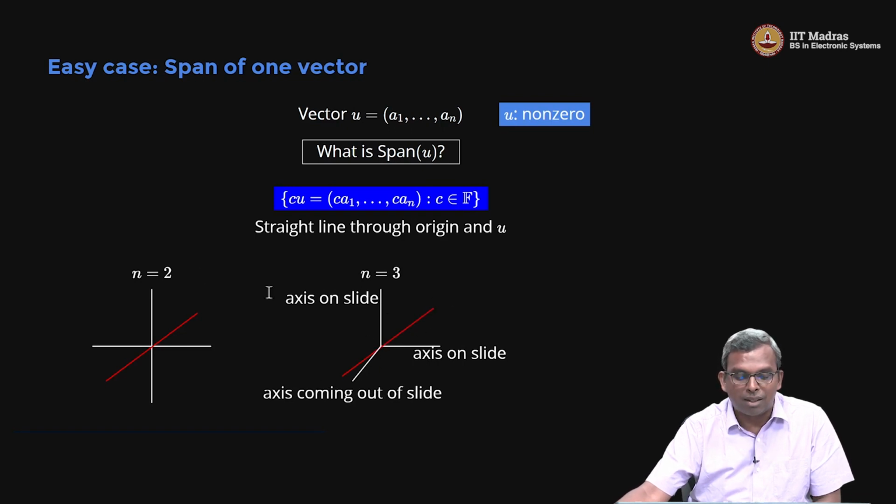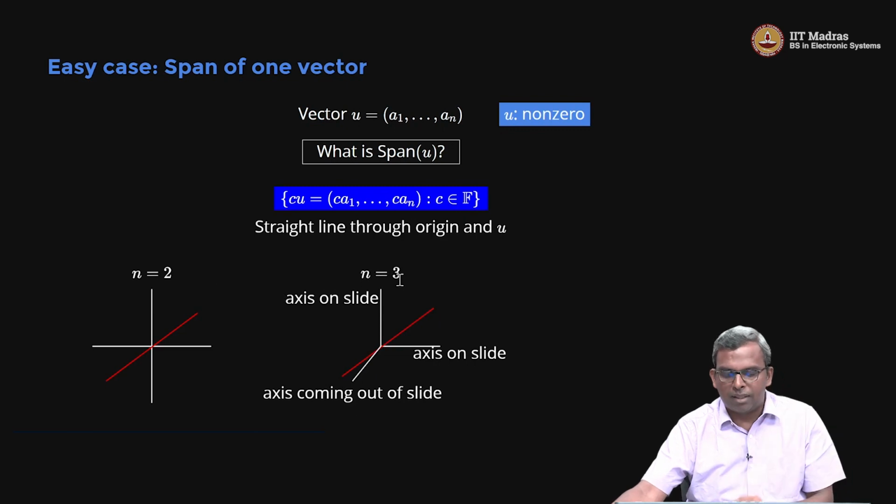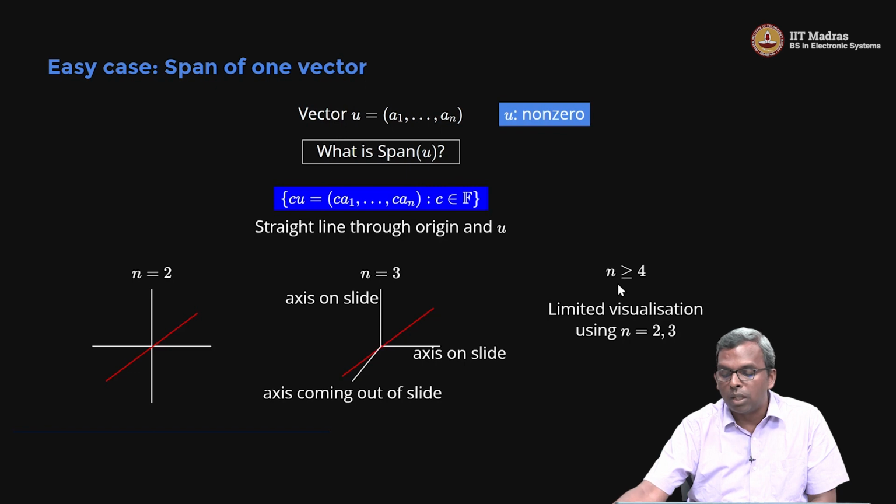So you can think of these in n equals 2 and 3, and visualize them quite easily. But if you go to n greater than or equal to 4, visualization is really limited. You have to sort of fall back to the 2 case or 3 case and then visualize the axis. It's really not possible. It becomes very confusing. So visualization here is very difficult, and that's what makes linear algebra sometimes a little bit more complicated than it should be.